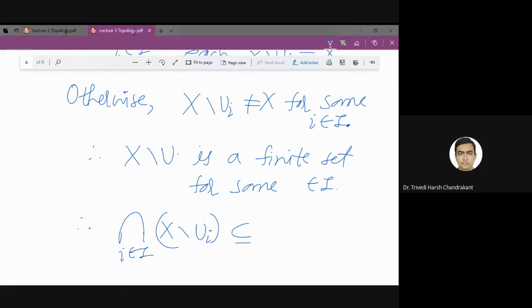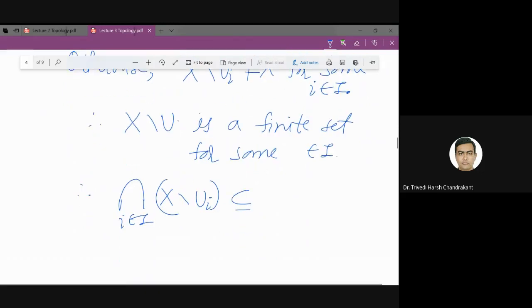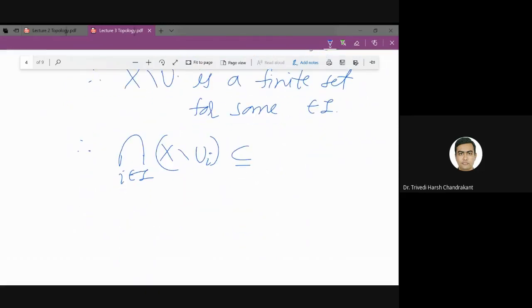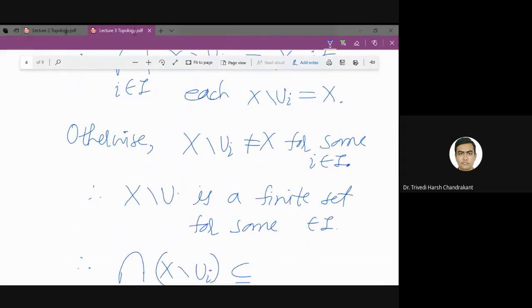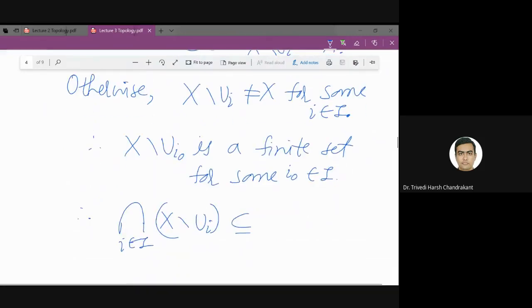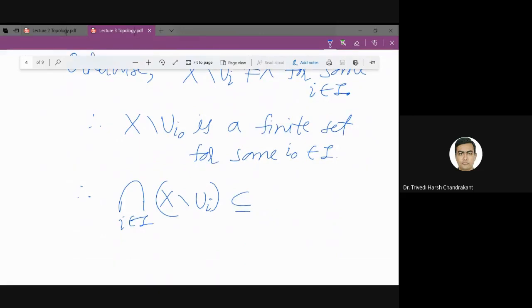So this is i0, for some fixed i0 in I, and that means this intersection is contained in X minus ui0, which is a finite set. So if A is a subset of B and B is a finite set, then A is also a finite set. So that we can use here.